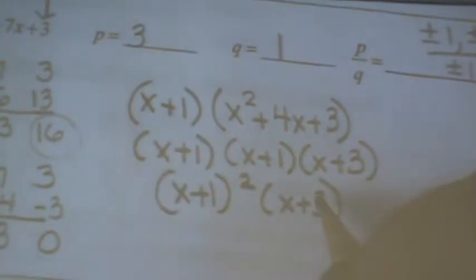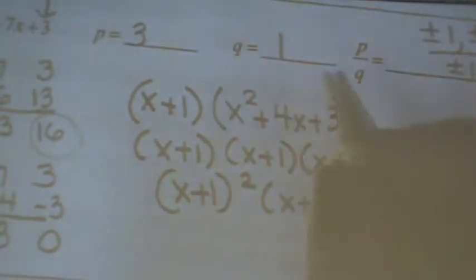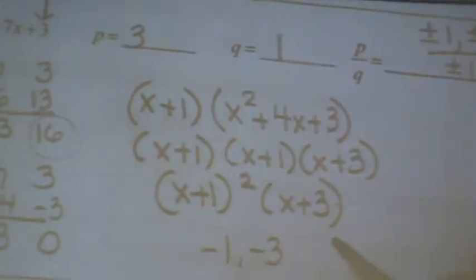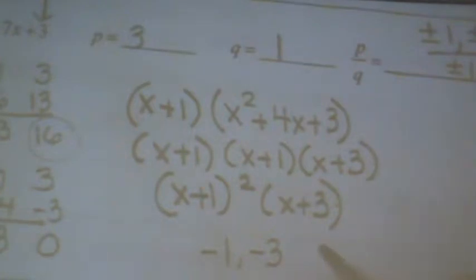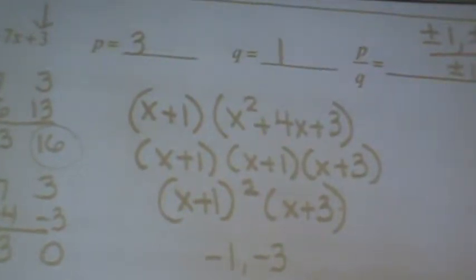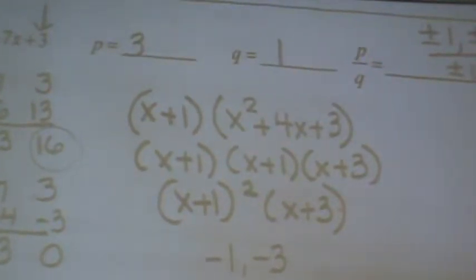So if I ask you to state the rational zeros, you'd say -1 and -3. And these happen to be real also. There are no irrational ones for this problem. We factored it completely. So the zeros are -1 and -3. You guys remember doing this stuff? Okay, let's try another one.